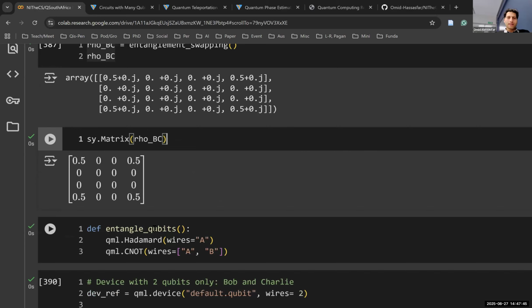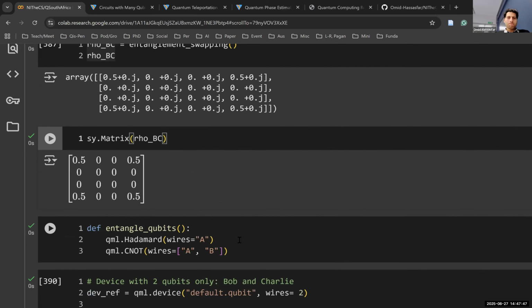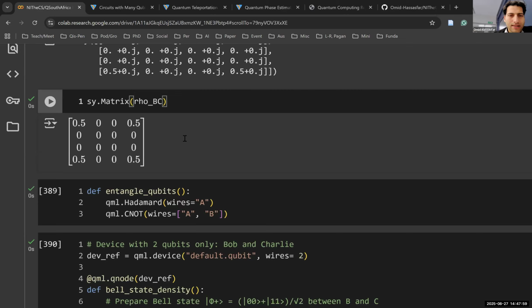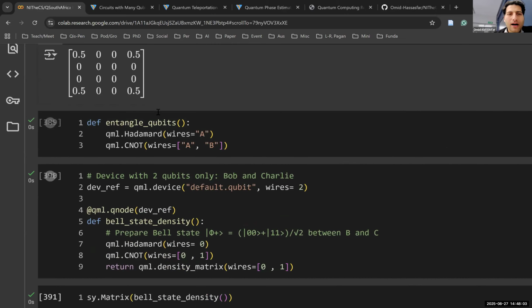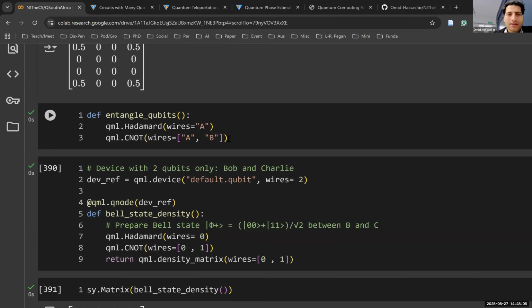Okay, but we basically claim that this is an entangled state. How can we verify? I just checked here. This is another example, not related to the entanglement swapping.